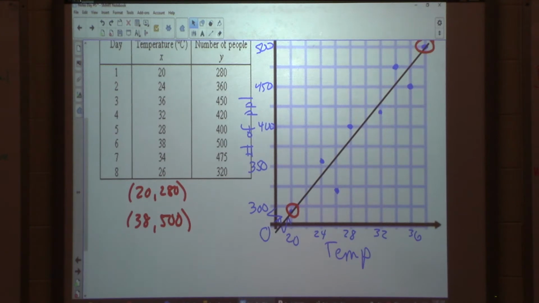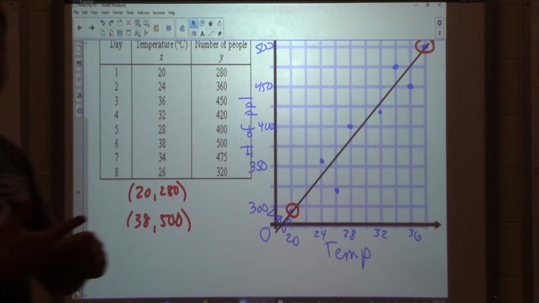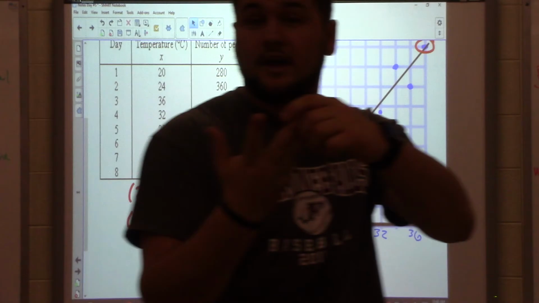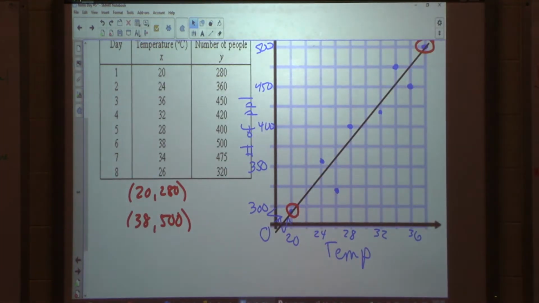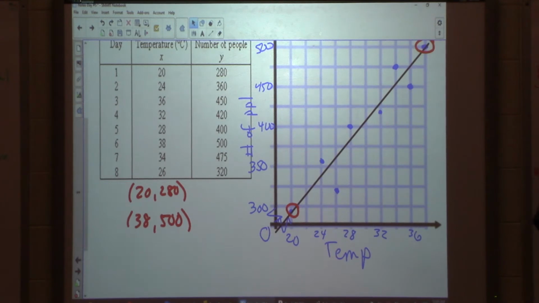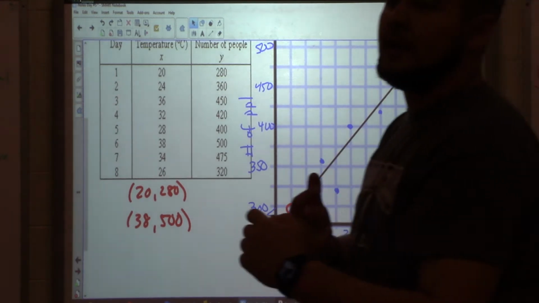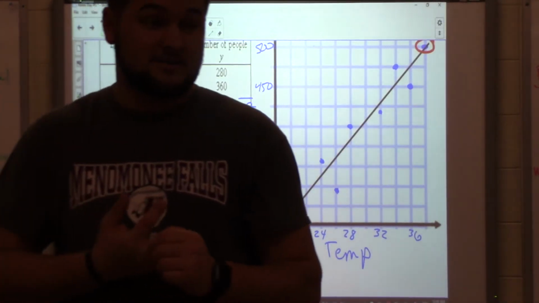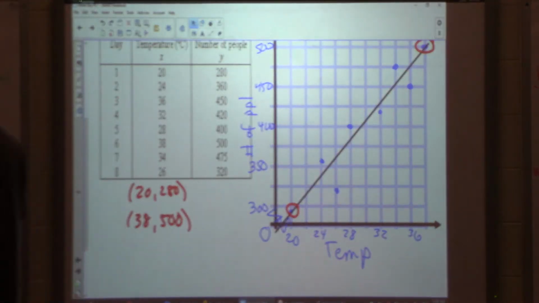Slope, super important. And I need either a y-intercept or a what? Not a b, that's a y-intercept. What else have we been making equations with? Slope and points. Okay, so let's find our slope first.